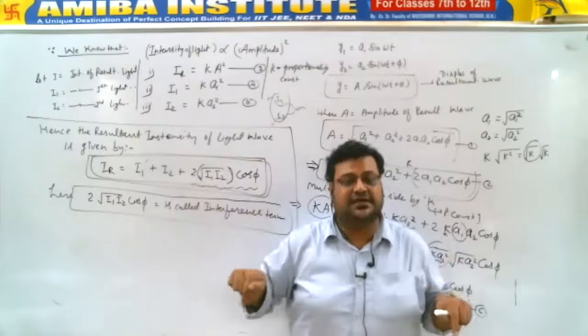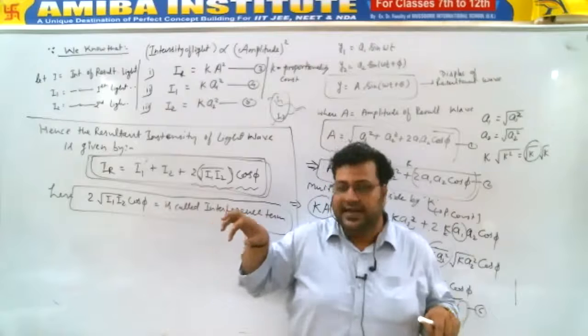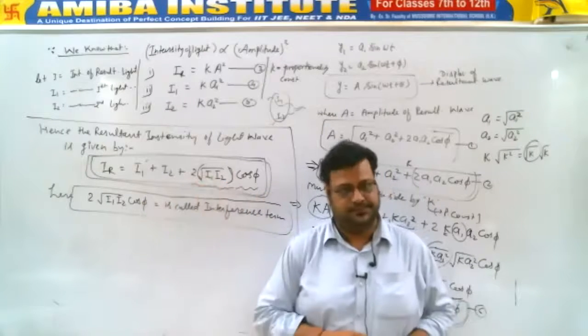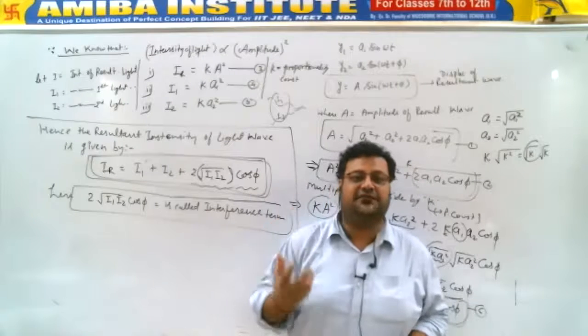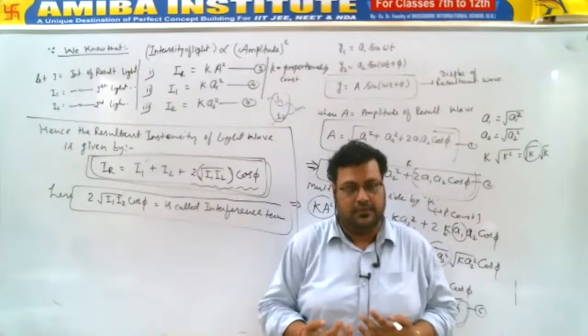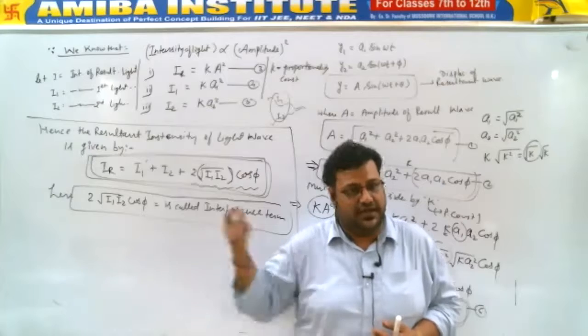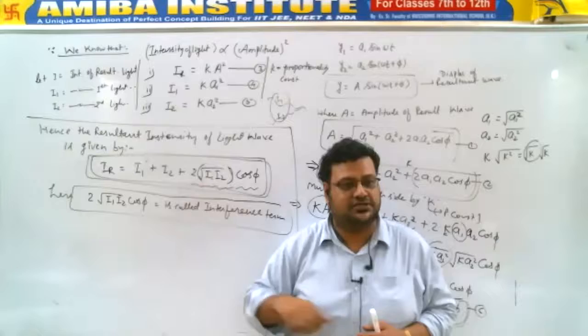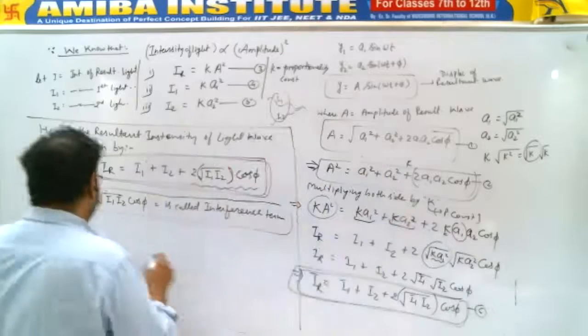And if there is some interference after superposition, then there should be some term here. And if the interference is of a specific type, constructive or destructive, then again there should be some expression based on it. Let's find out what it could be.